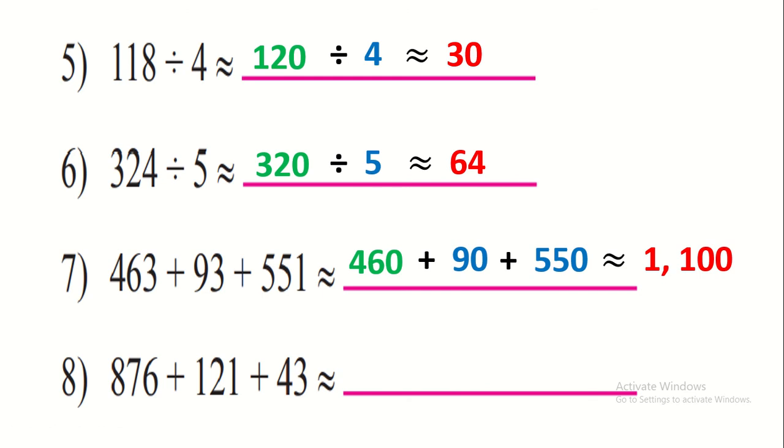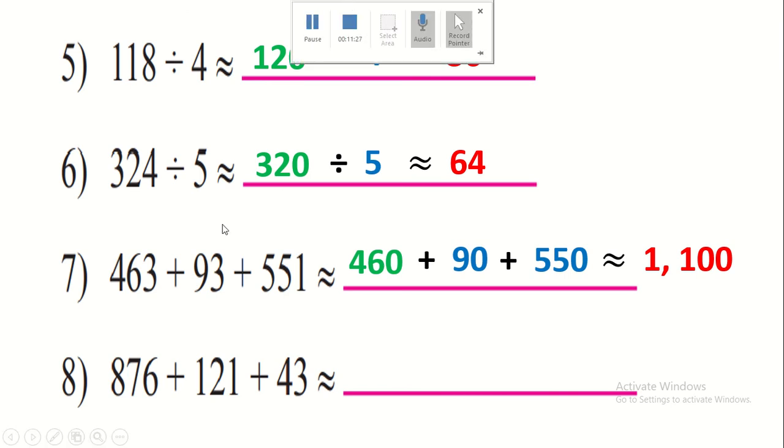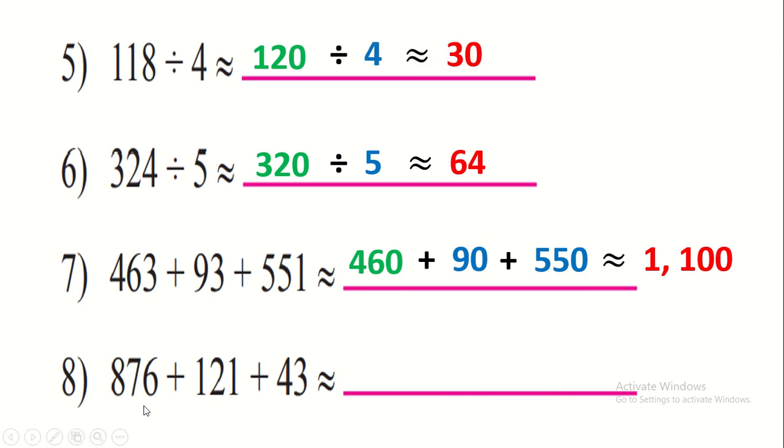Students, okay, next is number 8, the last number. 876 plus 121 plus 43. You round this to the nearest 10. 876, you have 880. 121, the nearest 10 is 120.